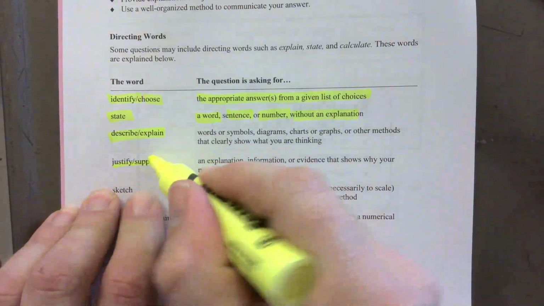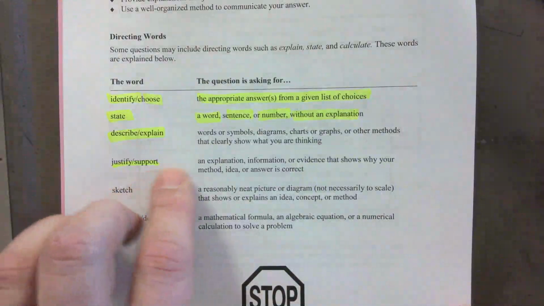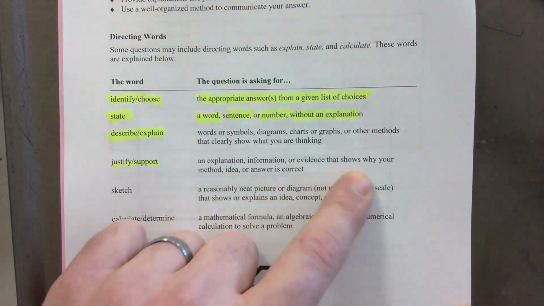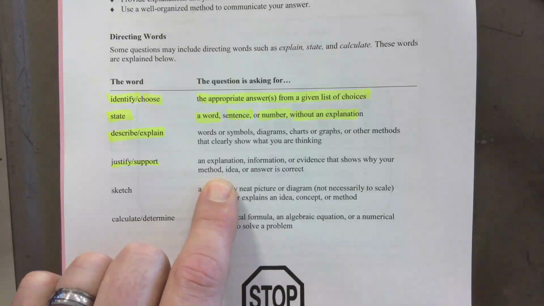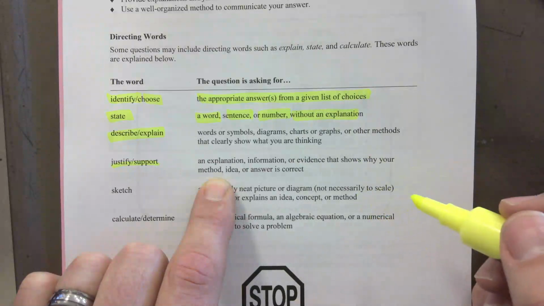Justify and support is similar, to be honest, but an explanation, information, or evidence that shows why you chose your answer. So let's say, why is a rectangle a parallelogram? Or is it a parallelogram? Justify. You would say yes. Why? It's got two pairs of parallel sides. Boom. That's it. Justify. Maybe you want to do a little diagram.